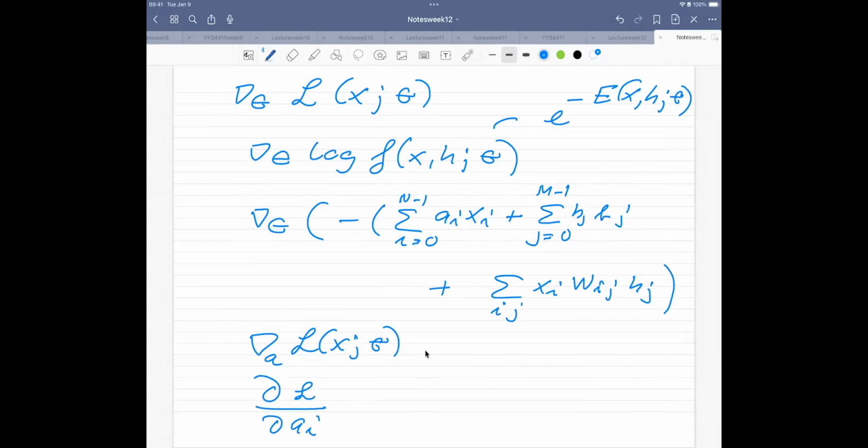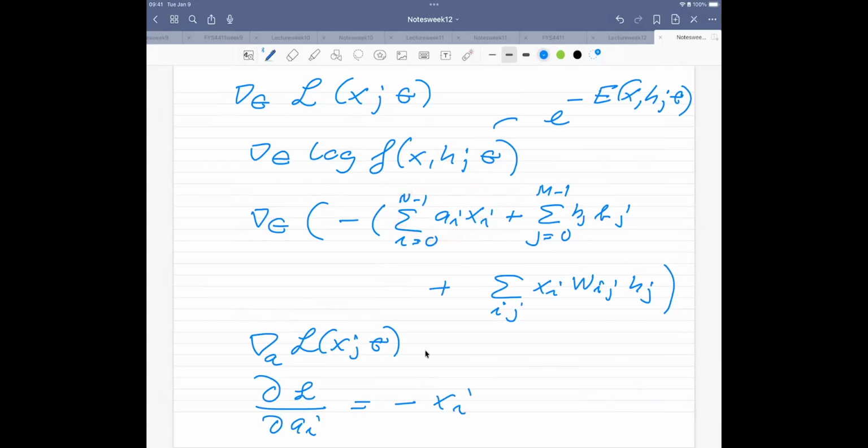We would need that one as one of the derivatives. If we have 100 visible nodes, then we need 100 values of a. And if you look at the expression which we have, this is simply minus x of i, right? So we have the expression here.